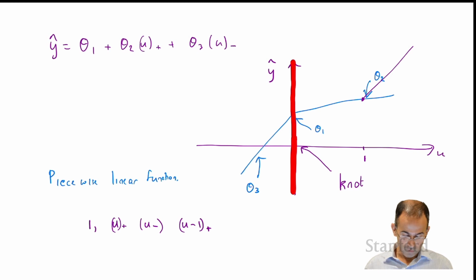Well, I've got 4 parameters, theta 1, theta 2, theta 3, and theta 4. It's worth noticing also that the slope of this line will not just be the coefficient in front of (u minus 1) plus, but it will in fact be the sum of the coefficient of (u minus 1) plus and the coefficient of u plus.